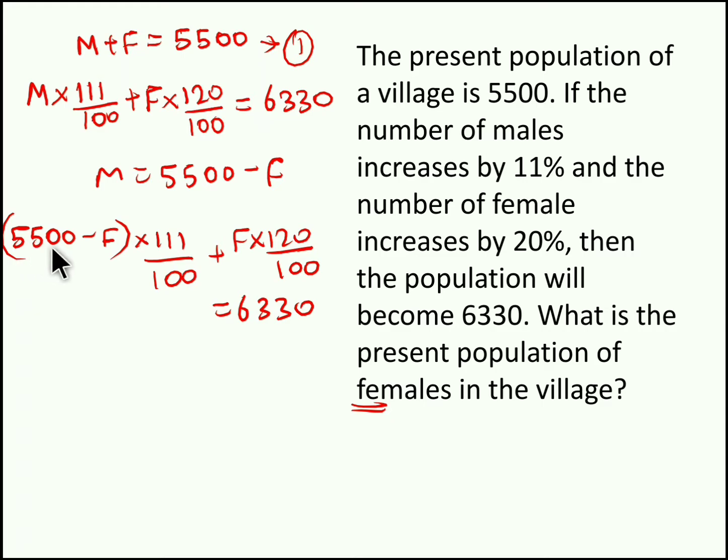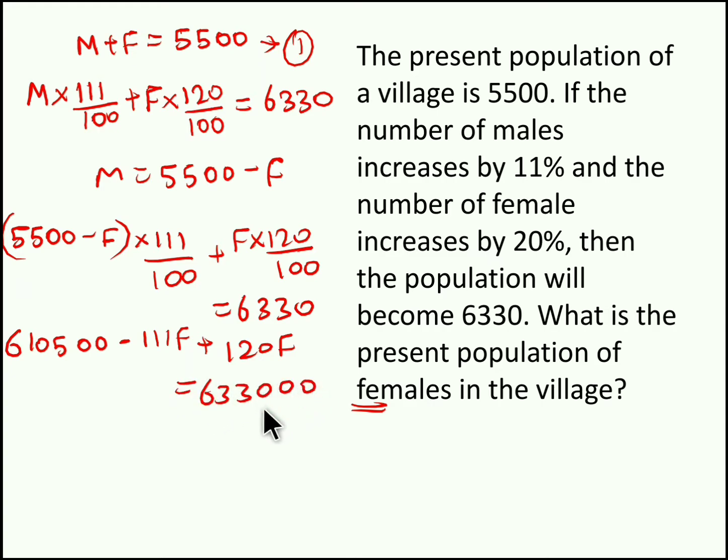When you multiply 5500 into 111, you get 610500 minus 111f plus 120f. And 100 into 6330 gives 633000. Now when you solve it, you will get the answer.